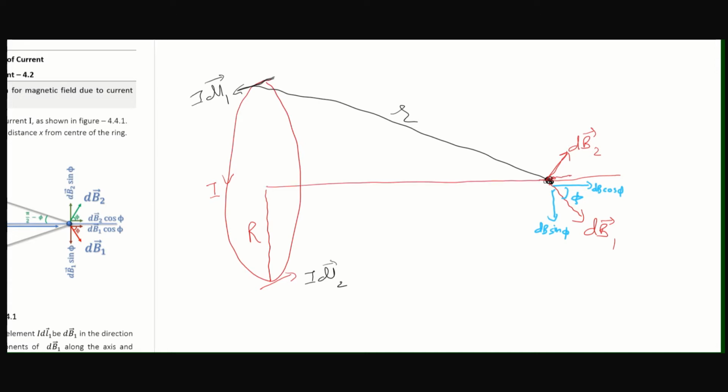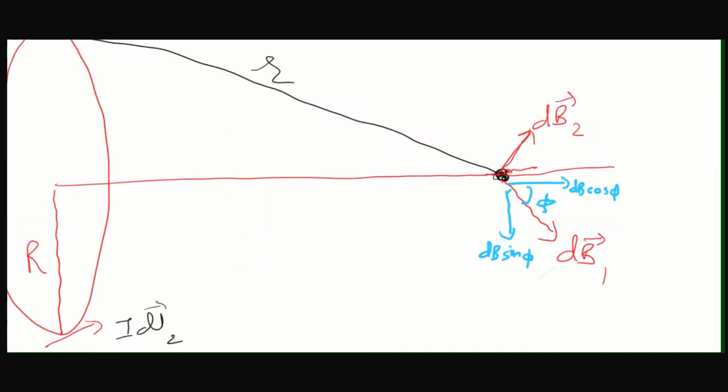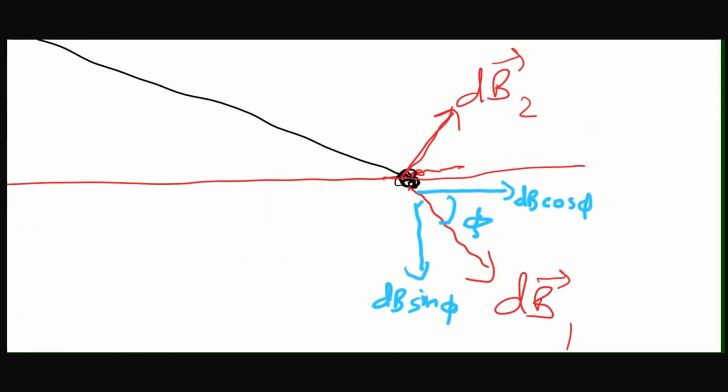Sorry. So now for this dB, again, if I take the component parallel to the axis and the component perpendicular to the axis, look at the condition. If this is phi, it has to be phi because we are talking about the ring, so the angle has to be the same.